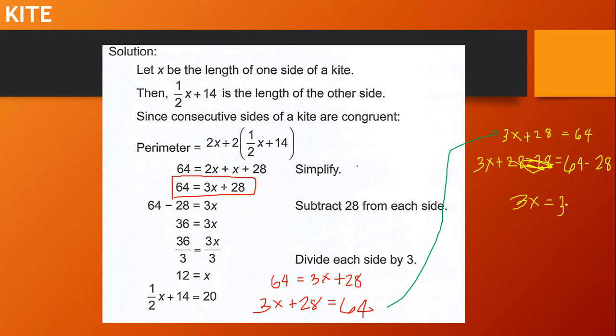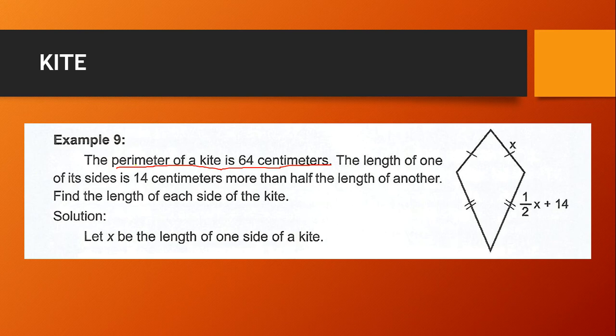Okay, 64 minus 28 is 36, no? Then divide both sides by 3, no? Muna ang x is equals 12. So balik ta sa problem, no? Ang usa is x, di ba? Ang usa is x.